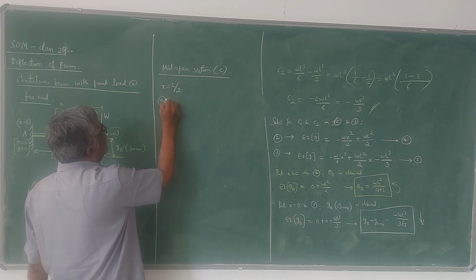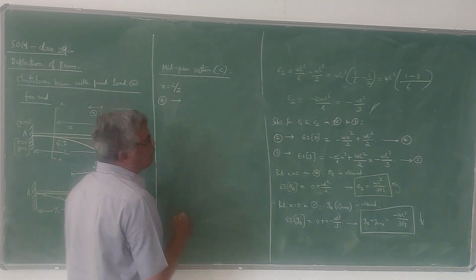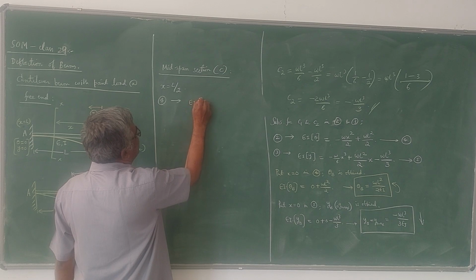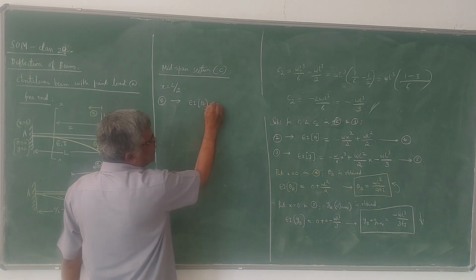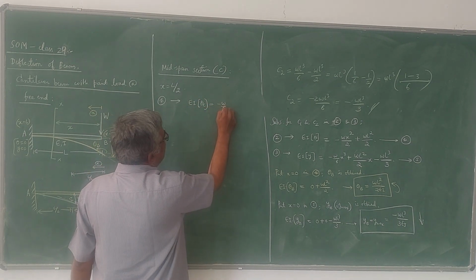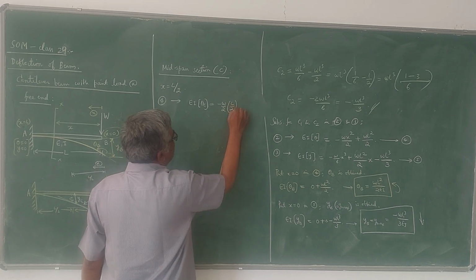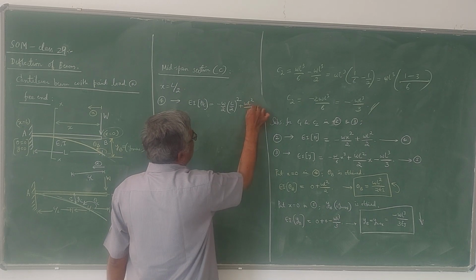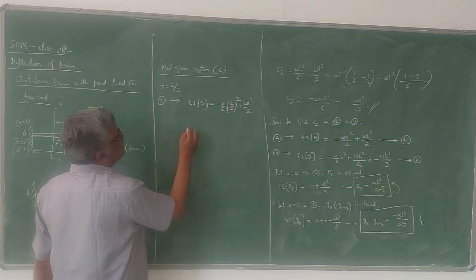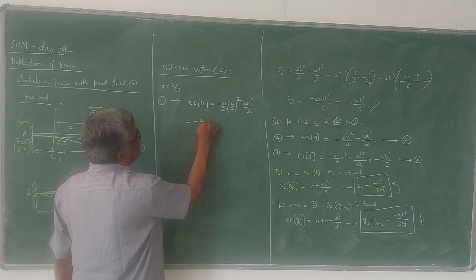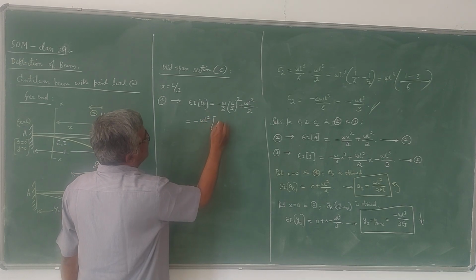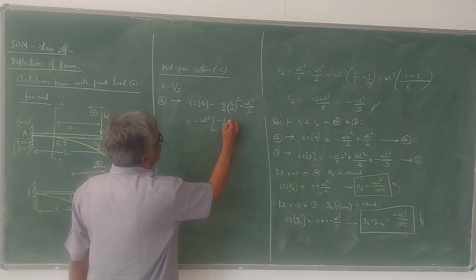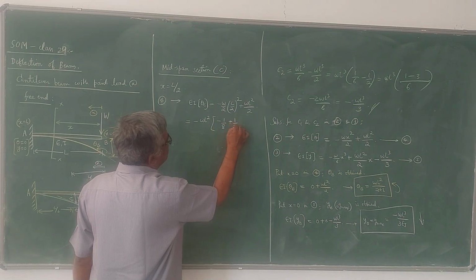From equation 4, you get the slope. So EI theta C is equal to minus W by 2 into L by 2 whole square plus W L square by 2. Simplify this. Taking W L square outside, it becomes minus 1 by 8, since 2 square is 4 and 4 into 2 is 8, plus 1 by 2.